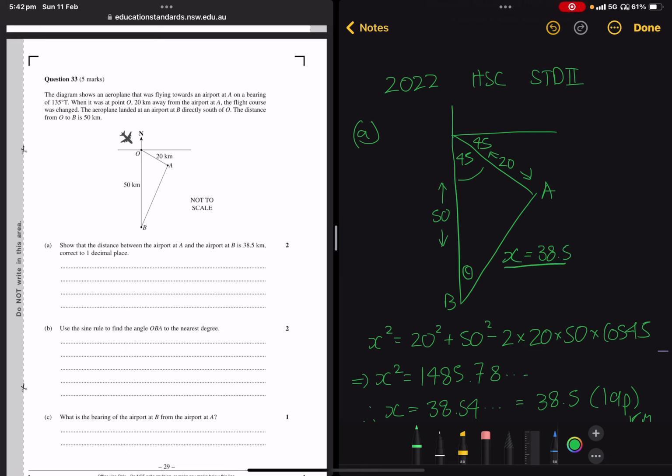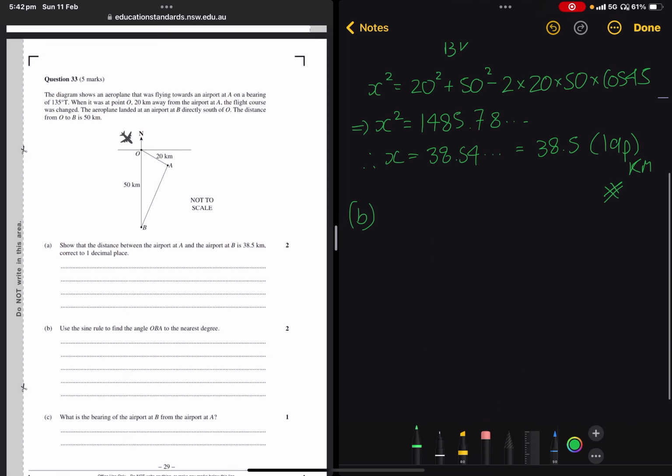So we have an angle side pair here and here, with only one missing value. So we can use sine rule with these two pairs of values. So we get sine theta on 20 is equal to sine 45 on 38.5.